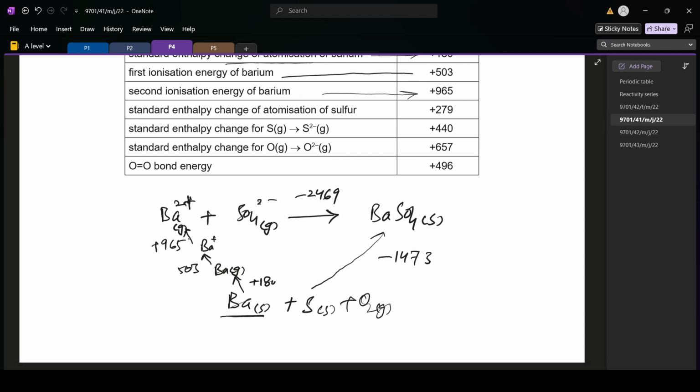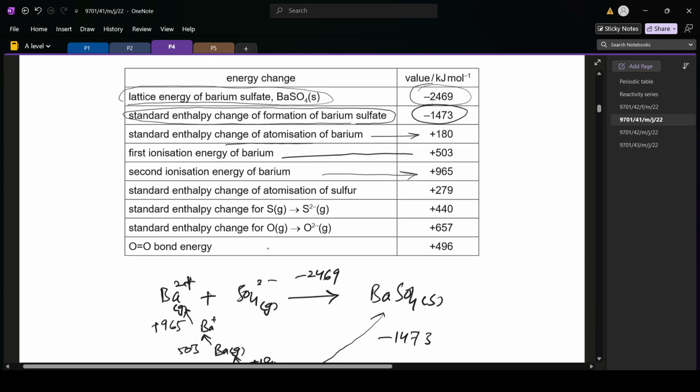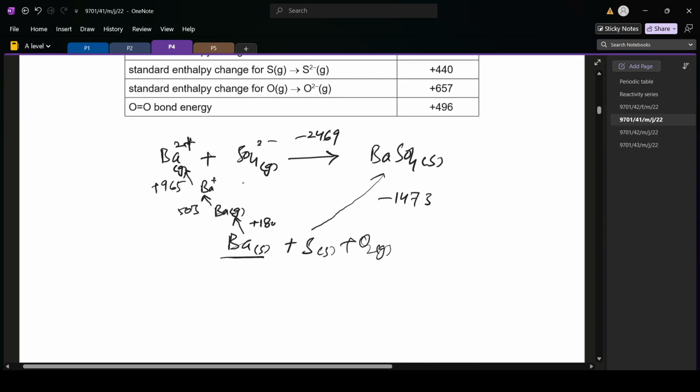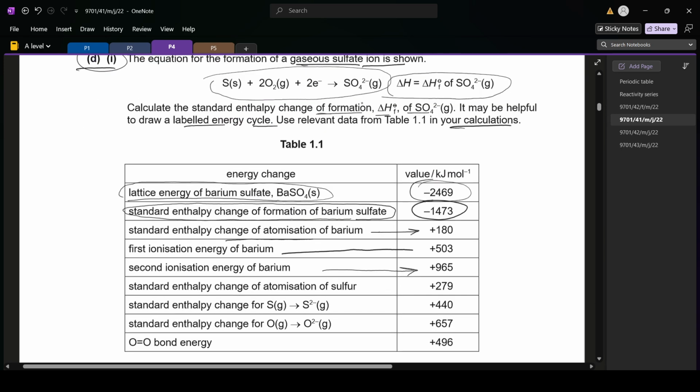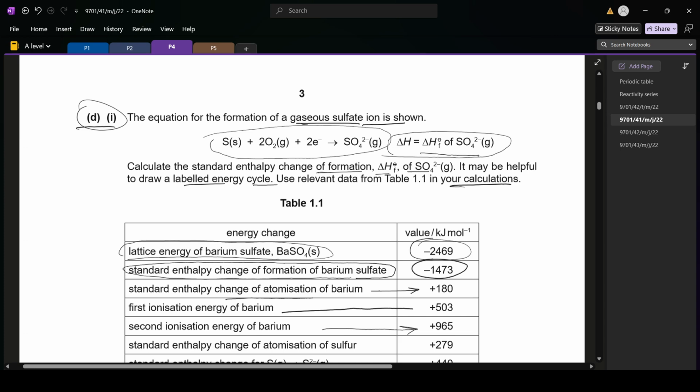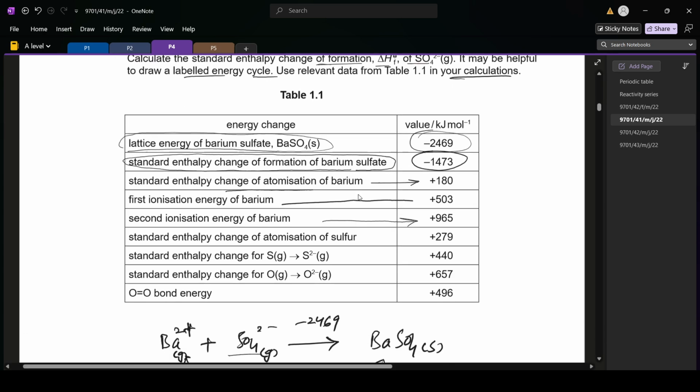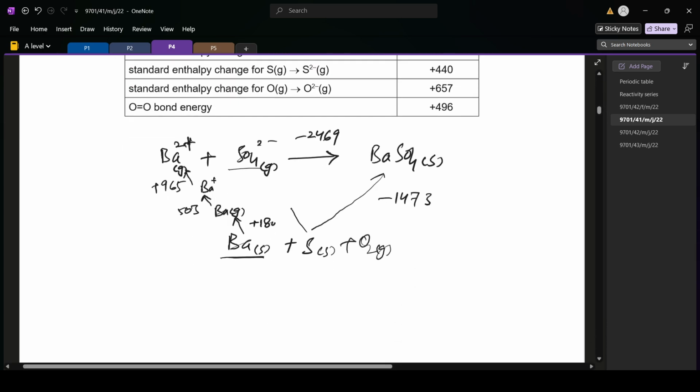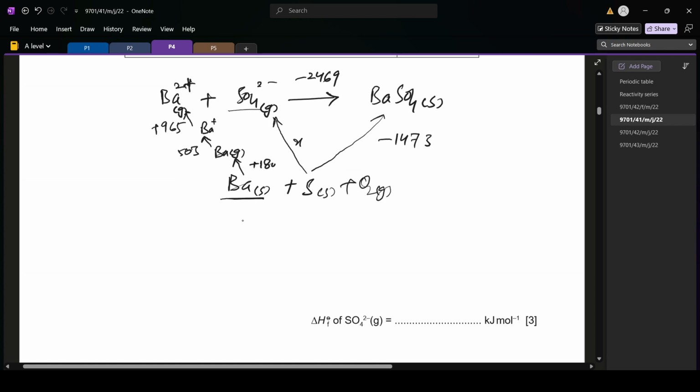Now, this is the enthalpy change of formation of sulfate ions, which is what you have to calculate. I am writing this as x. So now the cycle is completed.